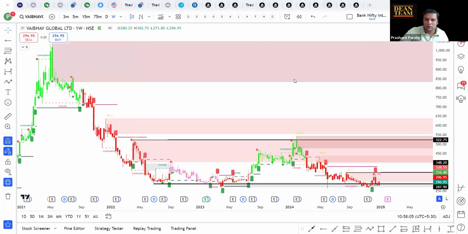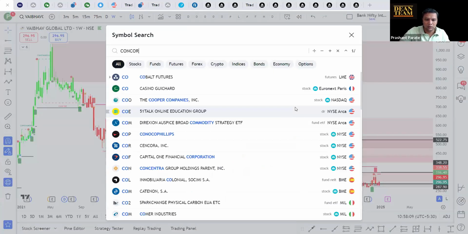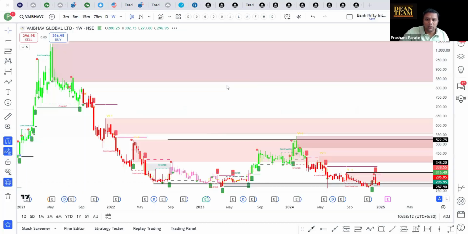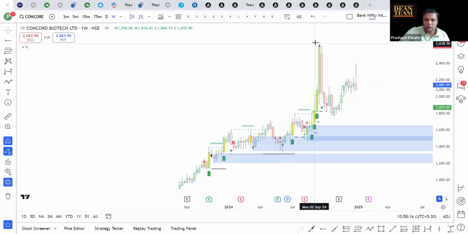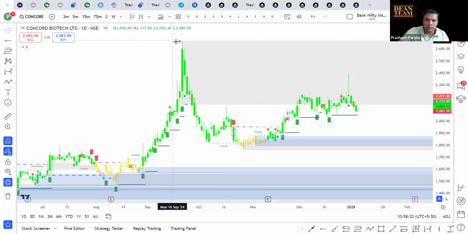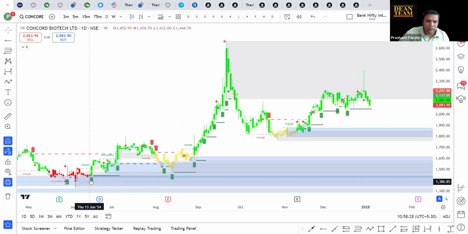Concord Bio has a similar chart. It went up too fast too soon, from 1500 to almost 2700. And before that it had given retracement.